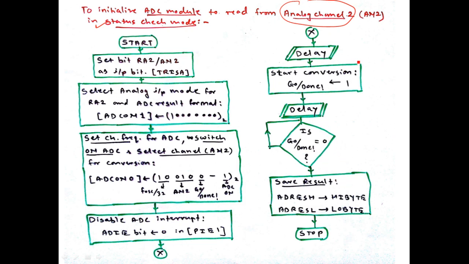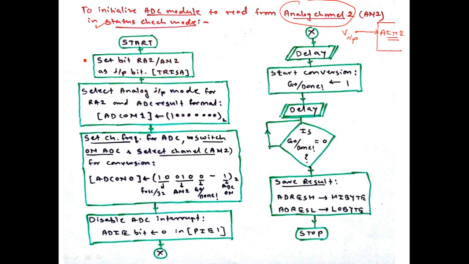Okay, so here your requirement is that in your microcontroller you are going to apply the analog input signal at analog input channel 2, sorry. And you want to convert this analog signal into its digital equivalent. So what are the steps needed?